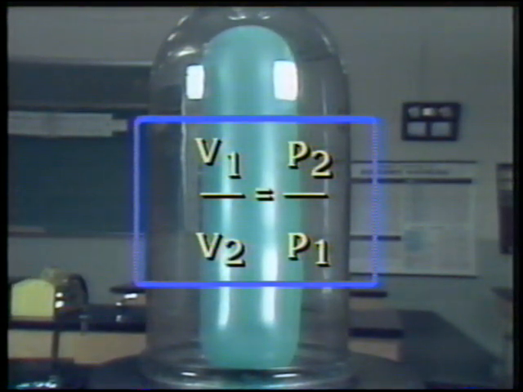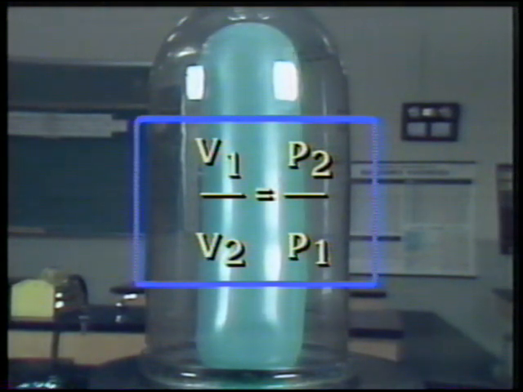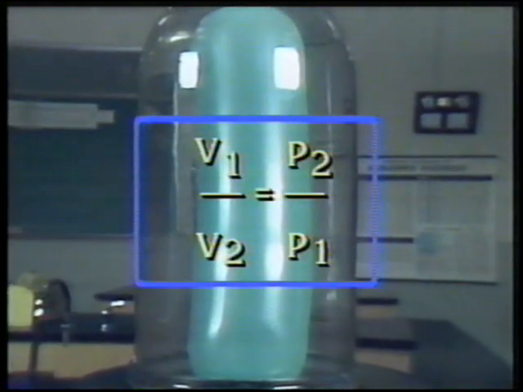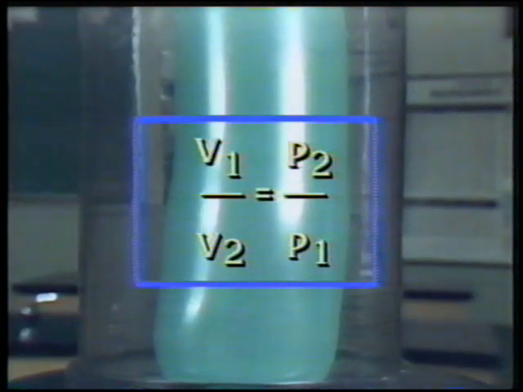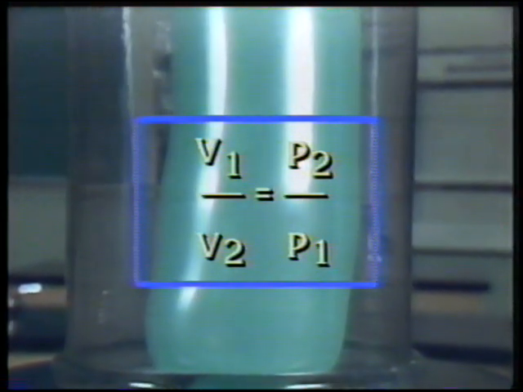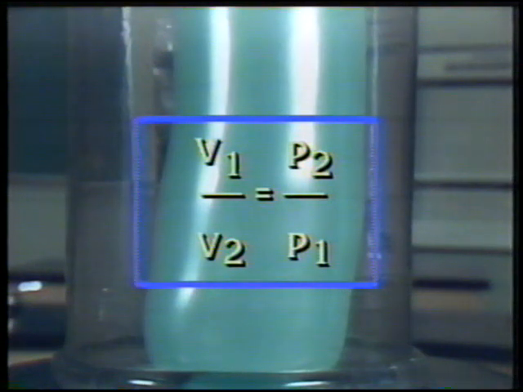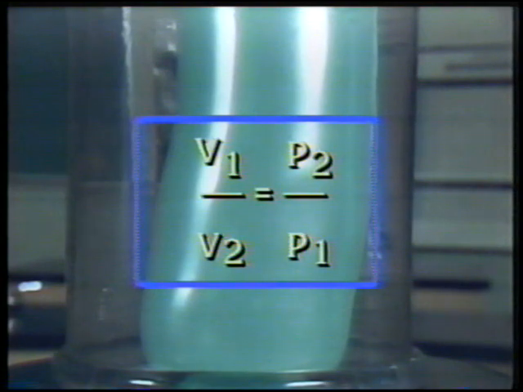V sub 1 is the volume of the balloon under normal pressure, P sub 1. V sub 2 is the volume of the balloon after the pressure has been reduced, P sub 2. As pressure decreases, volume increases.